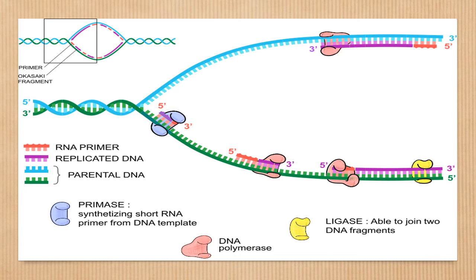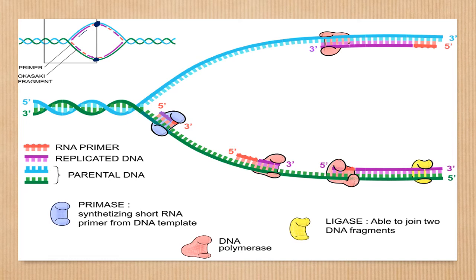So see this, the replication. Here it is unwinding, and this is the region of the origin of replication. This is the point of origin. From this point, one new DNA molecule is synthesized in this direction, and another is synthesized in the other direction: bidirectional.